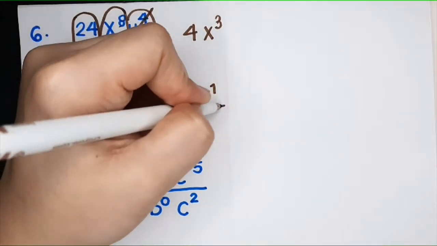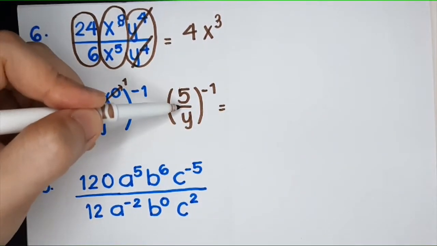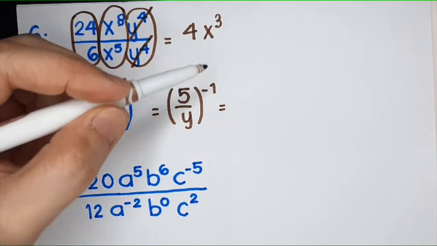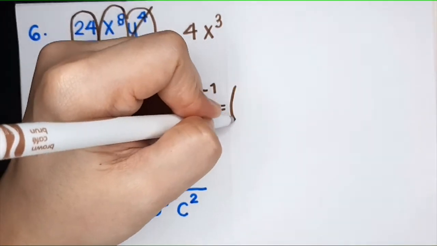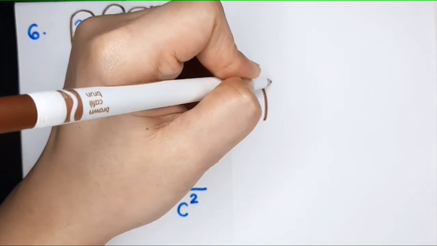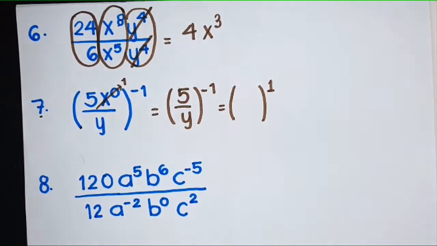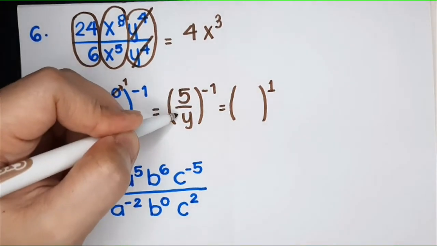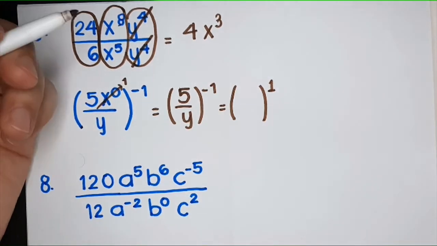Okay? Now, if you have a fraction raised to a negative exponent, to make it positive, gagawin natin siyang positive 1. Para maging positive yung exponent, all you have to do is to switch the numerator and the denominator. Okay?